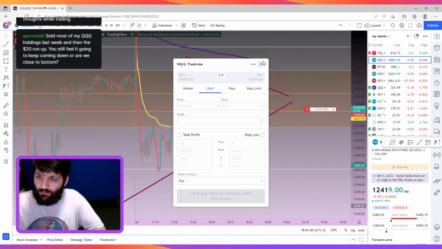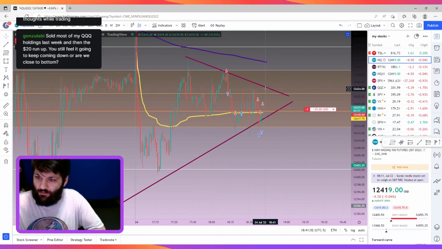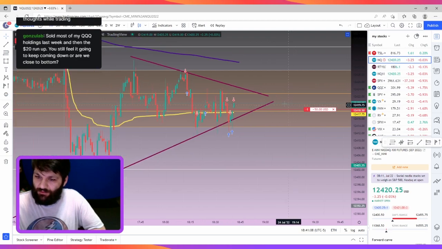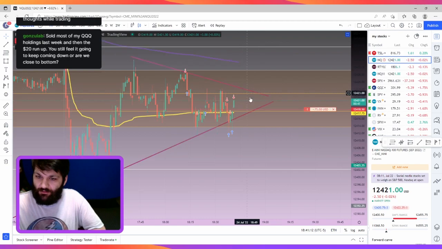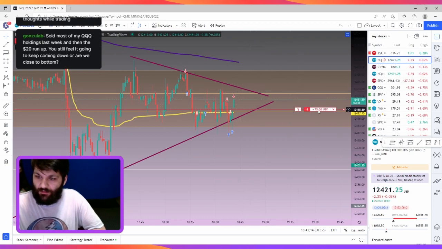And it's very possible that I originally lose quite a bit here as we pop up and then break down. Yeah, see, I knew I should have put that thing up here. But that's okay. I think that it'll break down again from here.